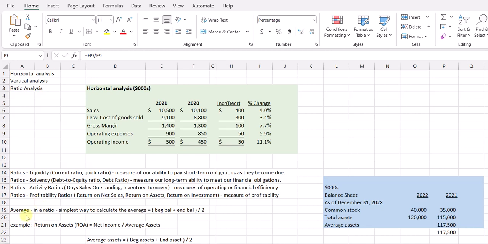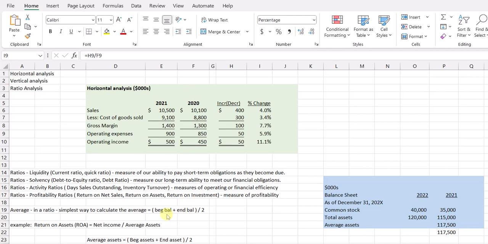One thing to remember, if a ratio has an average, like you have to measure something by average owner's equity, the simplest way to calculate that is you take the beginning balance of whatever you're using. If this was average owner's equity, you take the beginning balance of owner's equity and add the ending. Now, I've had some students say, well, I don't know what the beginning balance is.